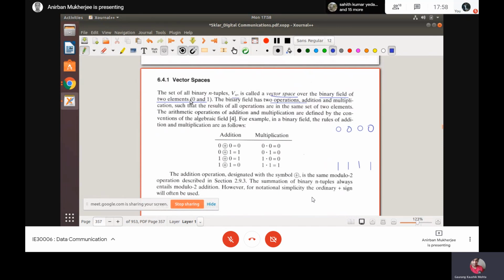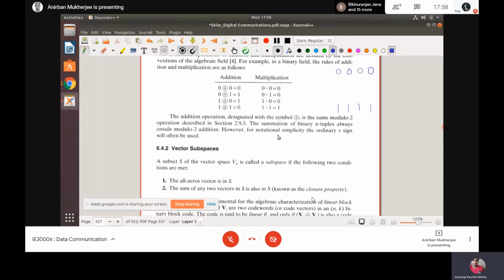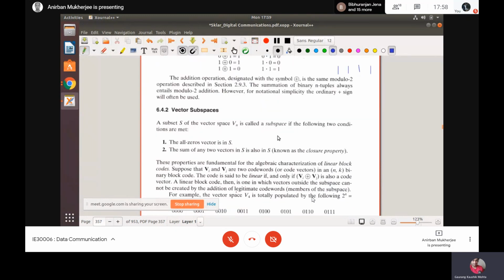Please remember, all binary n-tuples, here 4-tuples, form the vector space over 2 elements, 0 and 1, so each element is either 0 or 1. The field has two operations, addition and multiplication. We have already studied this in linear algebra, maybe on a real vector space or complex vector space. Here we are talking about binary.